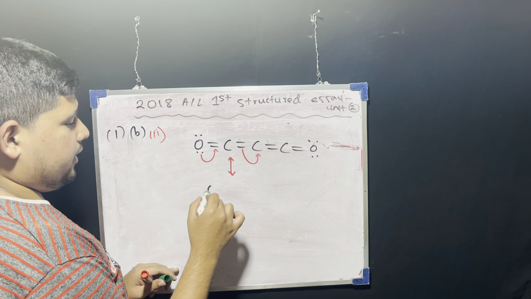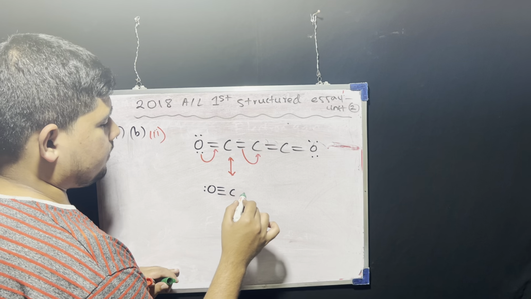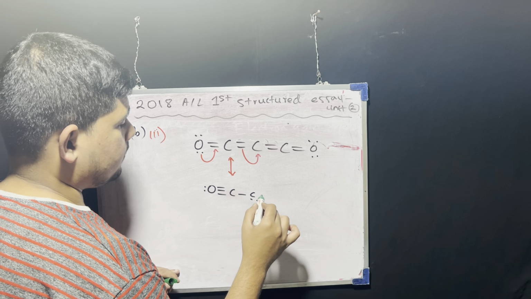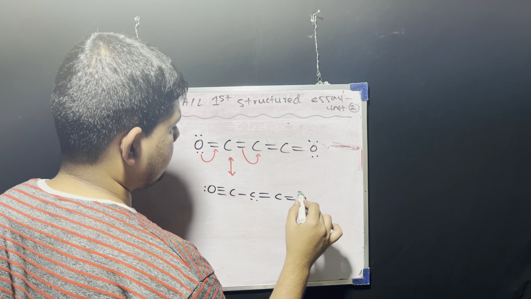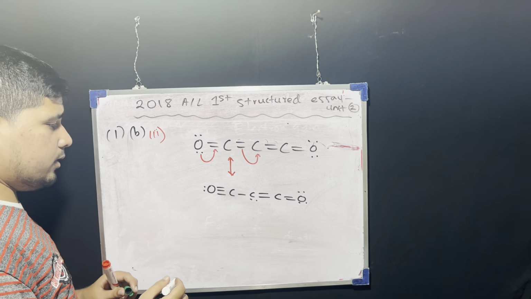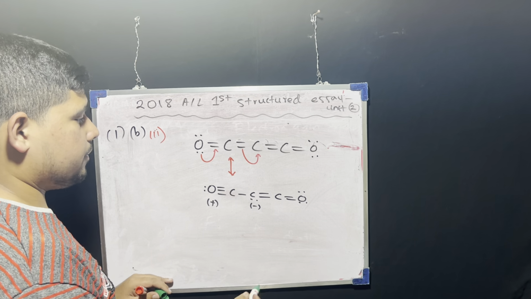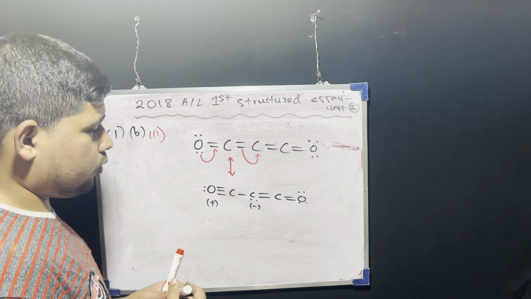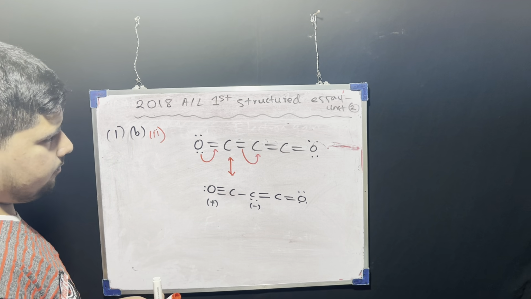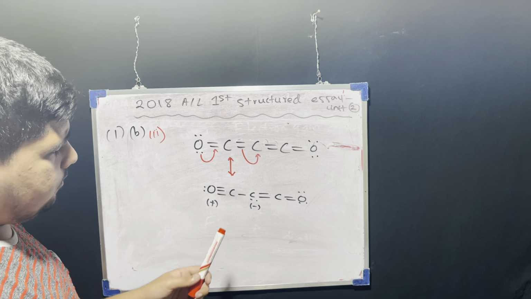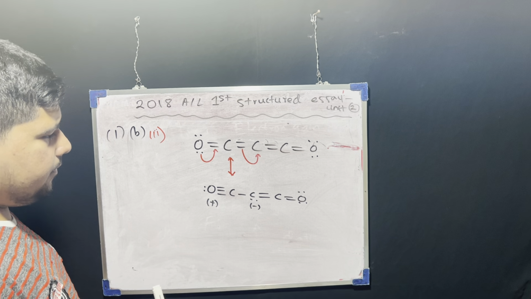So how will the structure be? Now we will see the charge distribution. Here plus charge, here minus charge. Now what else can I do?